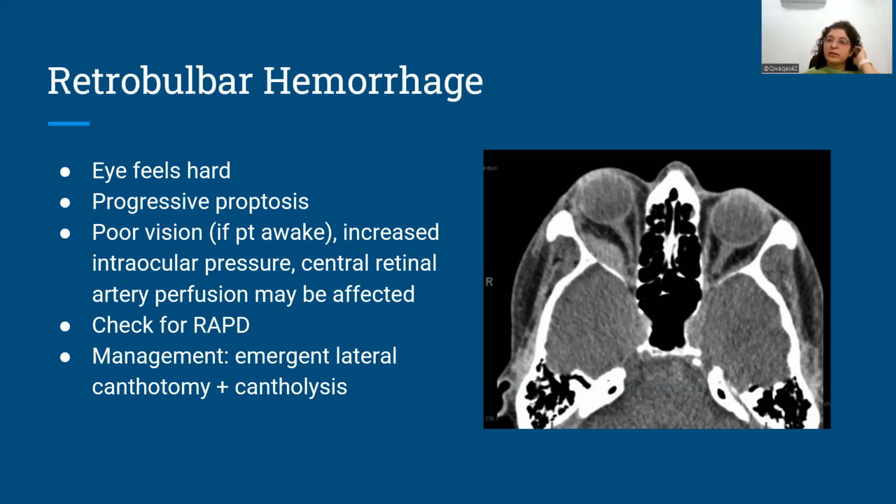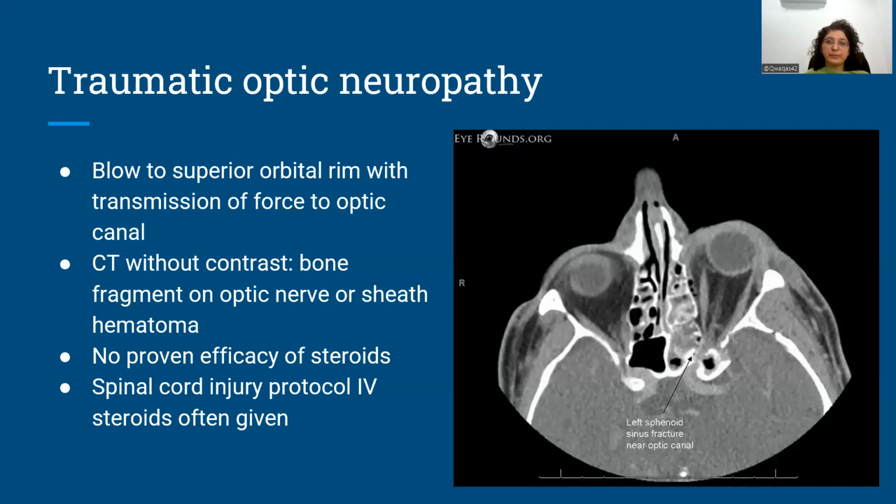And the management is, if the pressure is starting to go up and the eye is starting to become proptotic, and you have either done a CT scan, and even if you haven't, sometimes these patients need a bedside or an emergent lateral canthotomy with cantholysis. And a good emergency room physician should have the skill set or should be able to call ophthalmology urgently to be able to perform this.